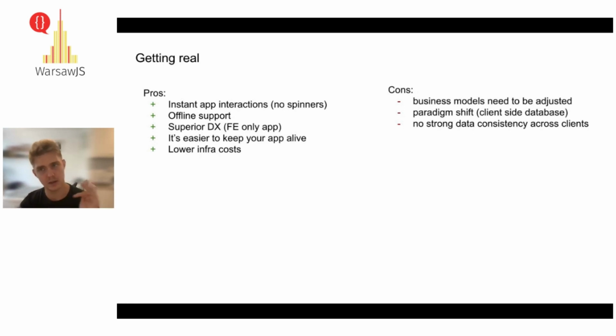Imagine you're building a ticket selling system, and you want to make sure that only one person can buy a single seat. In local first, two people will be able to book the same seat, and then after some time they would synchronize with each other, and one of them will find out that, oh, unfortunately, even though you have reserved your seat, it's been taken away from you.